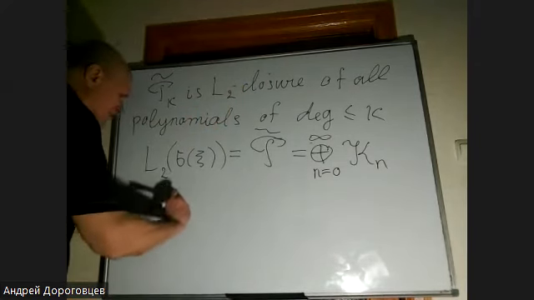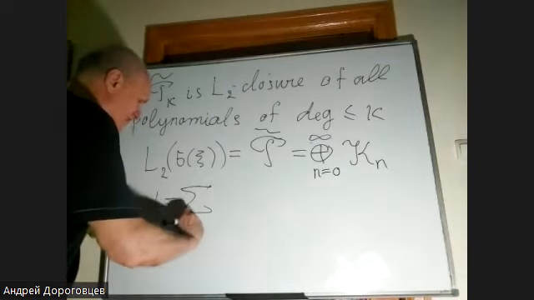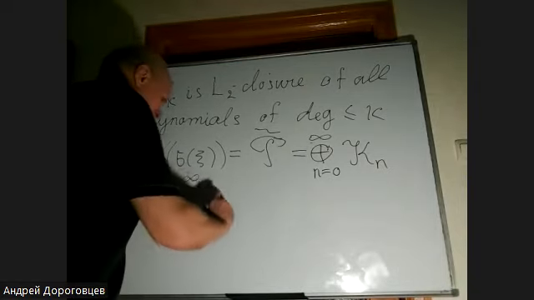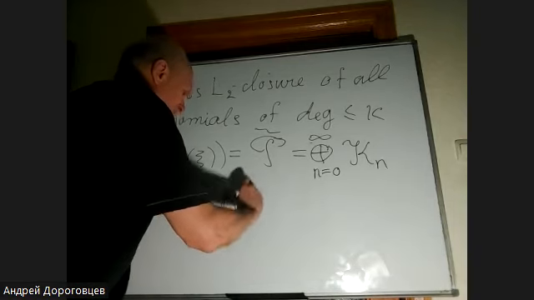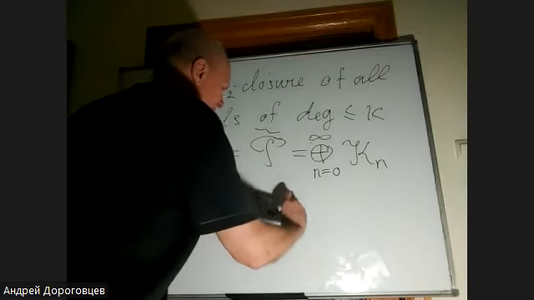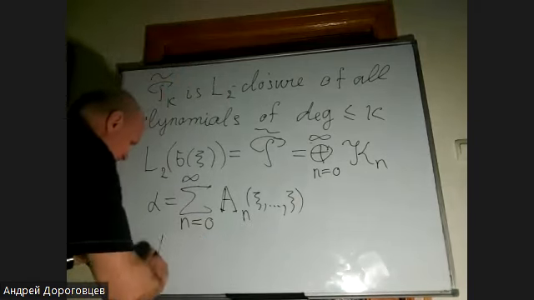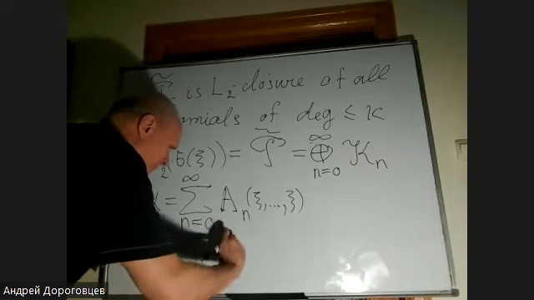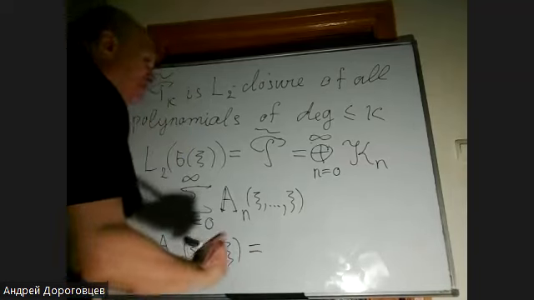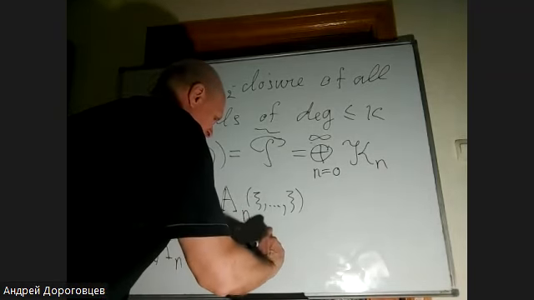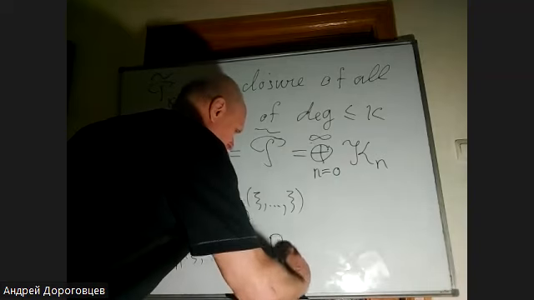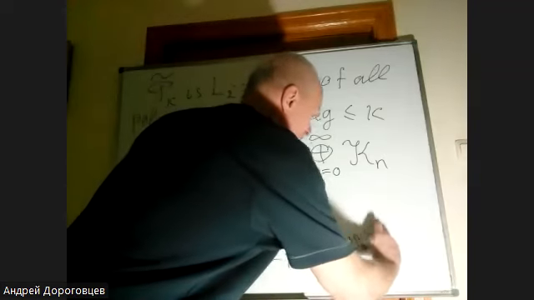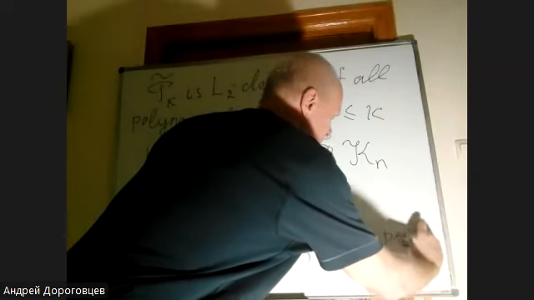If alpha is the sum from n equals 0 to infinity of alpha_n psi, then alpha_n psi is just a projection P_n of alpha, where P_n is a projection.